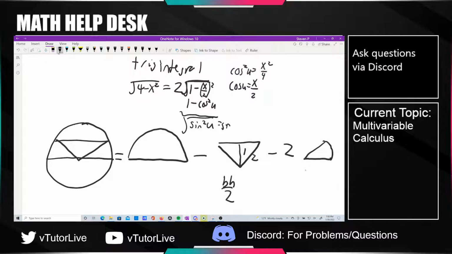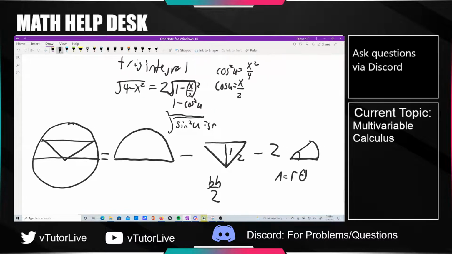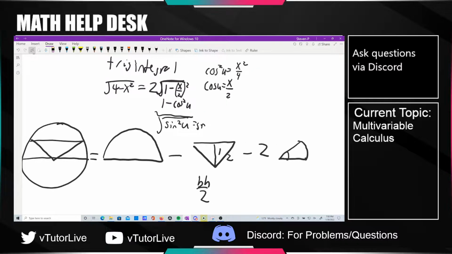And remember that the area of this thing is just equal to, I think, r theta, right? Wait a minute, is that even true? Hold on, how do you calculate the area of this wedge? Am I going crazy? Okay, one way to do it is take pi r squared, and then whatever this angle is, let's say in radians, the angle divided by the total angle, which is 2 pi.